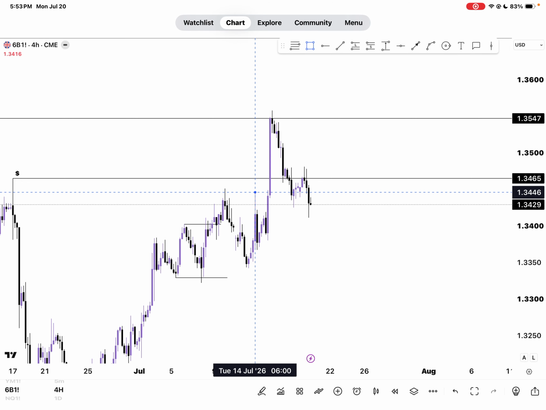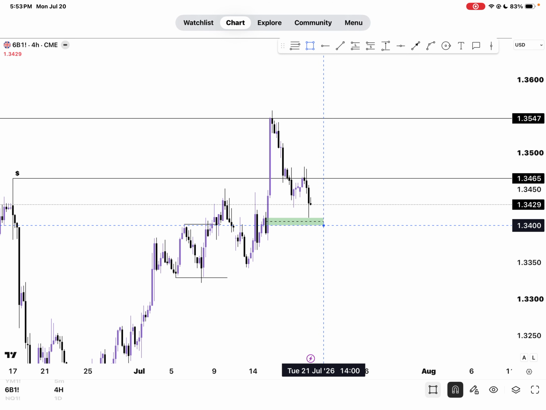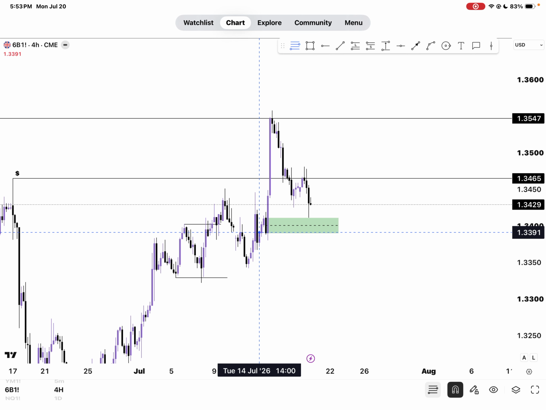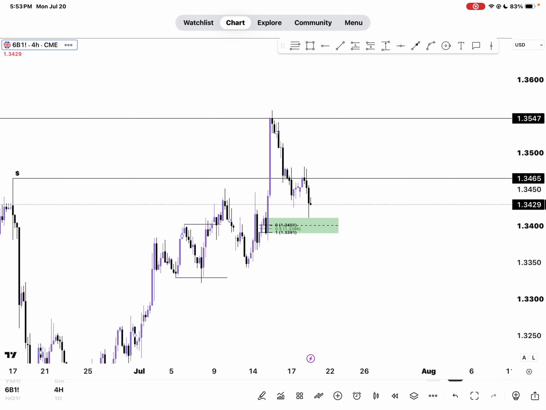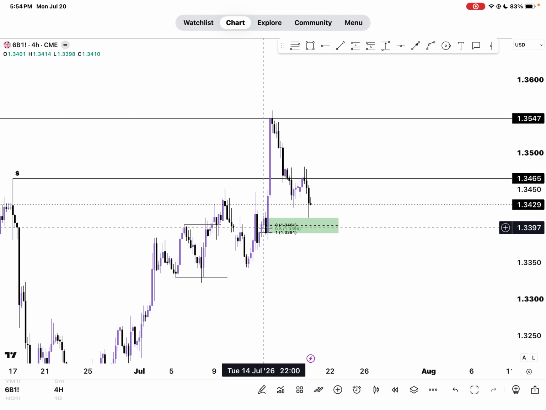Now, the area of interest I'm referring to is this price gap, or possibly the sponsored candle here. It's pretty much all the same: 100% mitigation of the price gap and open mitigation of the sponsored candle. This is a valid area of interest to me because we have previous inefficient pricing that we did mitigate, which was this inefficiency here.